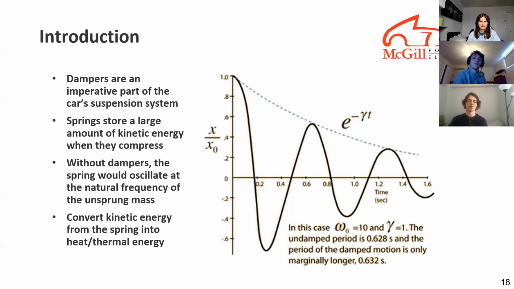So what dampers do is that they convert this kinetic energy from the spring into heat energy, which is much easier to dissipate. And without dampers, basically the spring would oscillate at the natural frequency of the unsprung mass. So as this picture shows, with the damper, what happens is that the oscillations slowly decay. So that's why dampers are so important.